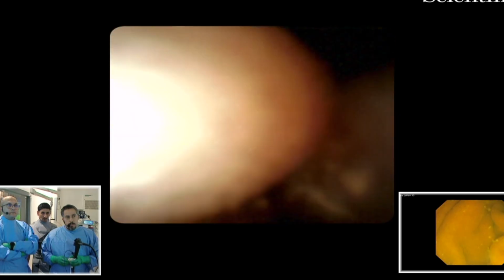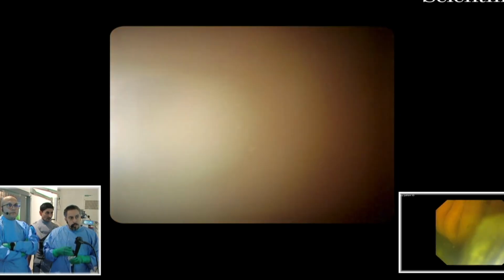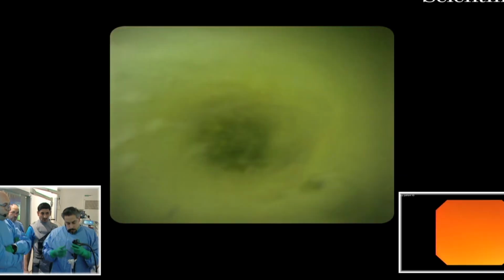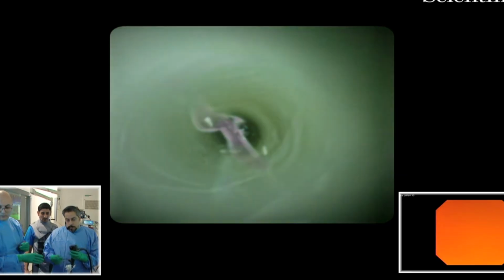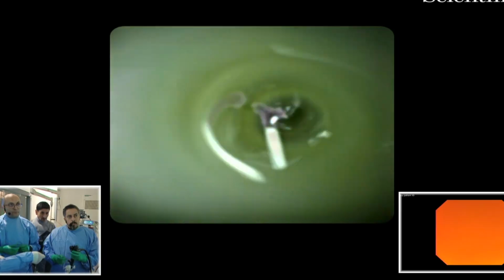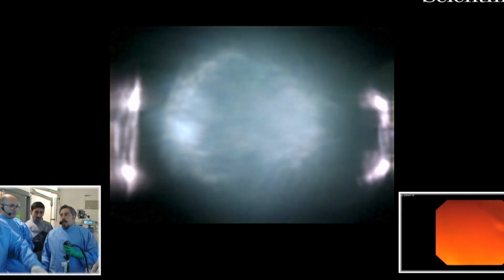Okay. And the other thing now, after you're cleaning the stone, you will put a stent regardless, or you will just leave it if you ensure the stone's fragments are out? Yeah, that's the question I just asked my colleagues, Dr. Khalid.